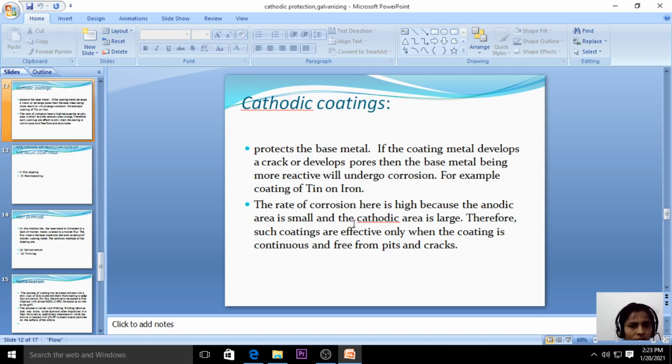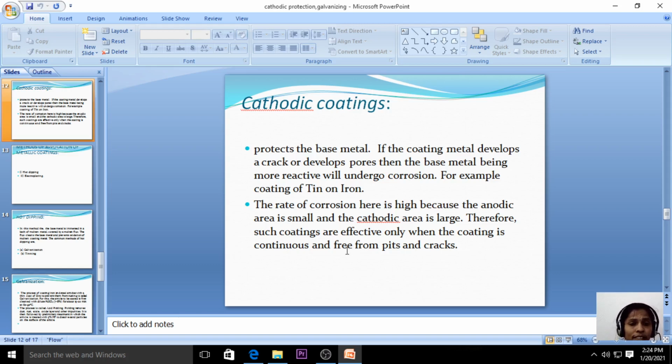The rate of corrosion here is high because the anodic area is small and the cathodic area is larger. So the cathodic area is large and the anodic area is small, and the rate of corrosion is more.